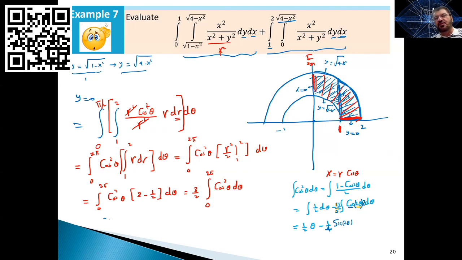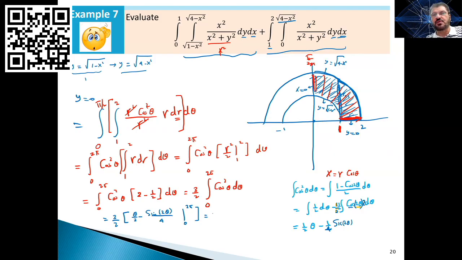So this is equal to 3/2 open bracket theta over 2 plus sine 2 theta over 4, and this is from 0 to 2 pi, guys.